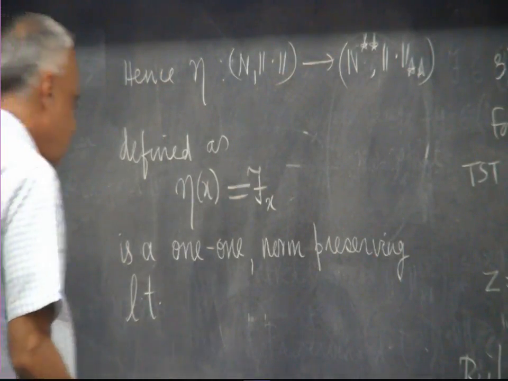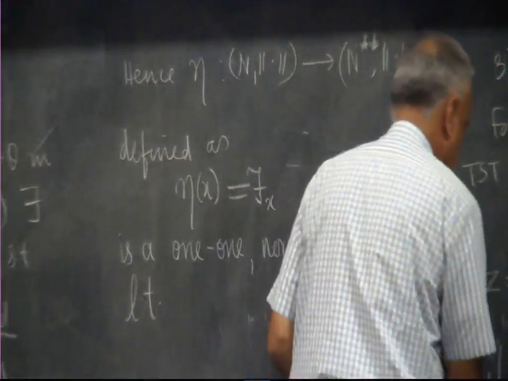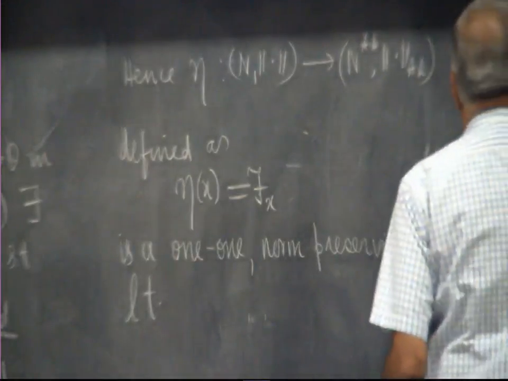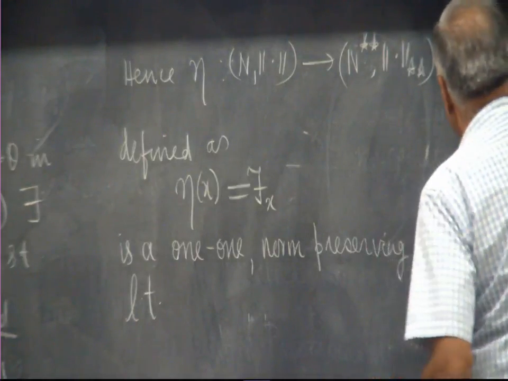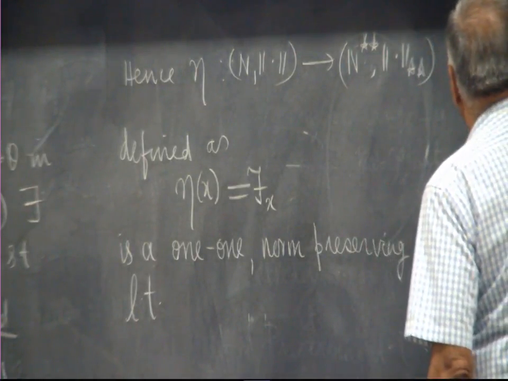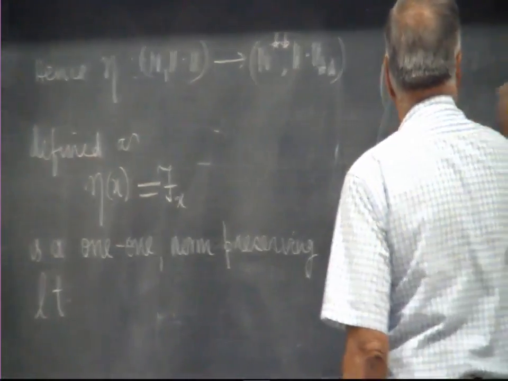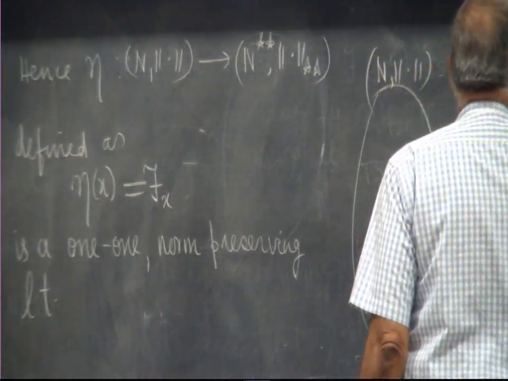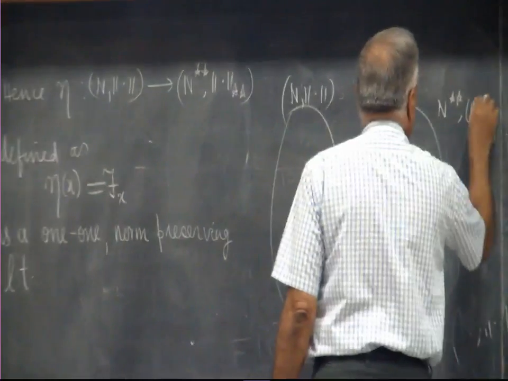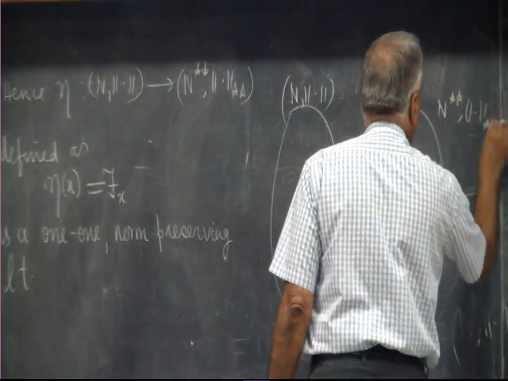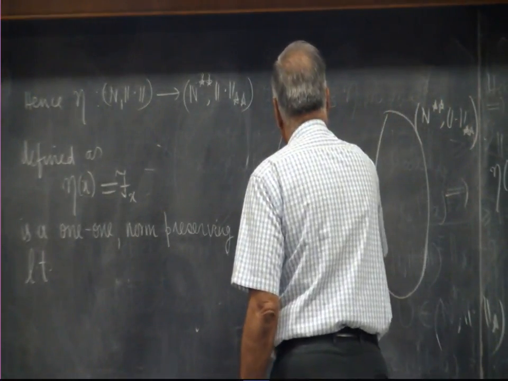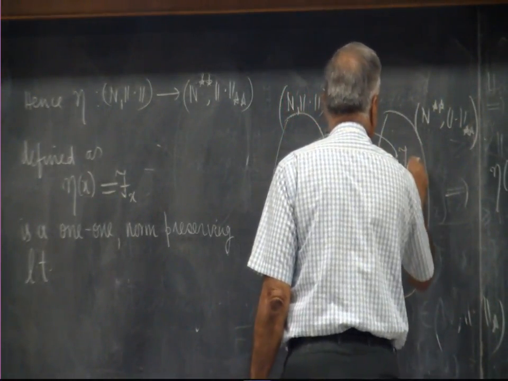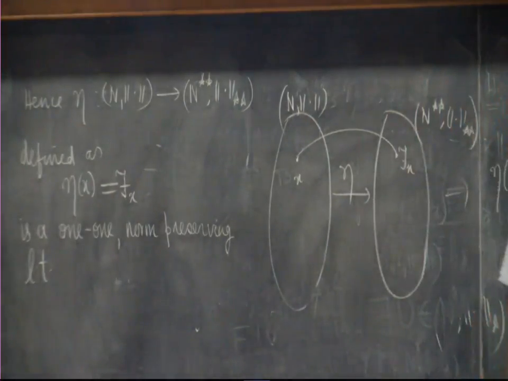And therefore we have this picture. We have this N, we have this N double star, and we have this eta, and this x is mapped to fx under this map.